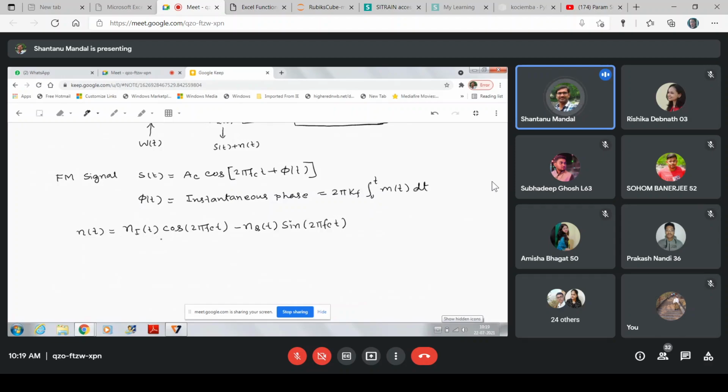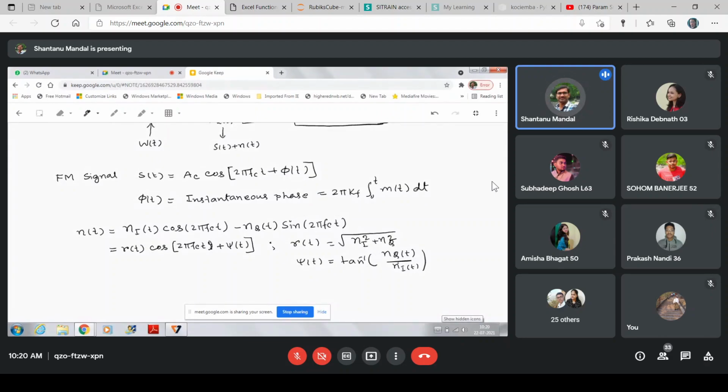Now, if we write the equation n(t) in polar coordinates, it can be written as r(t) cos(2 pi fc t + psi(t)), where r(t) equals the square root of n_I squared plus n_Q squared, that is the magnitude part, and psi(t) equals tan inverse of n_Q(t) by n_I(t).